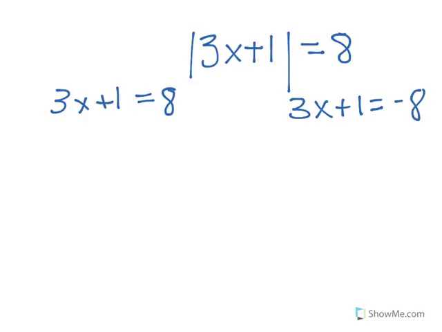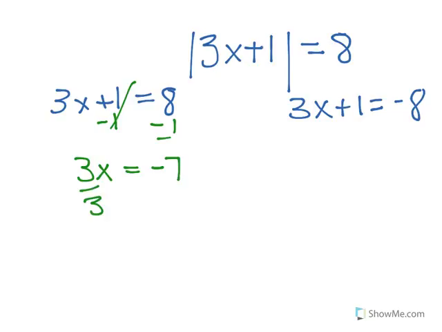If we go ahead and do our two-step, we subtract 1 from both sides here, and we end up with 3x is equal to 7.